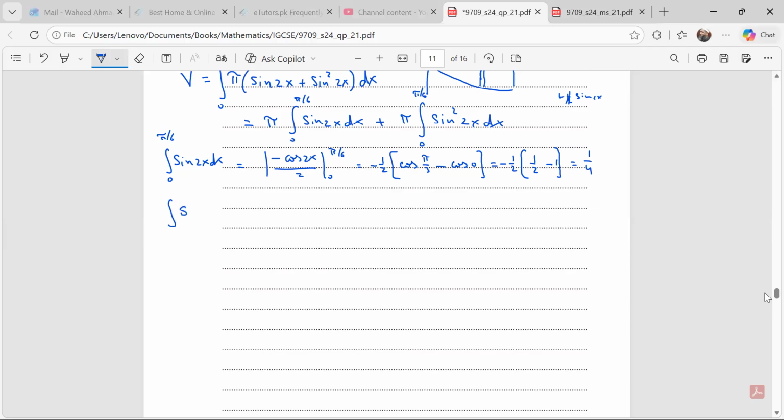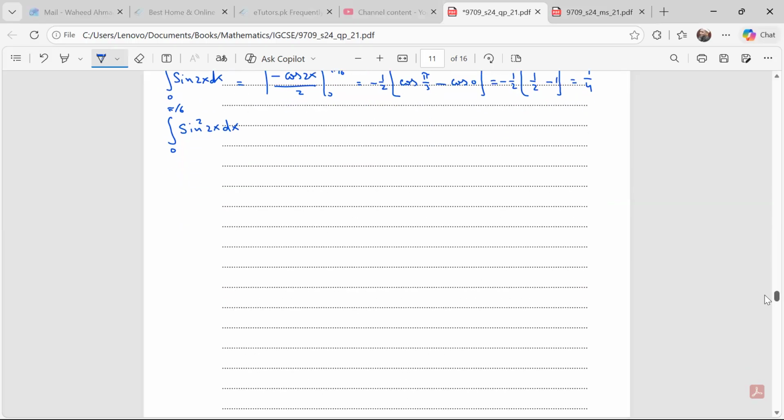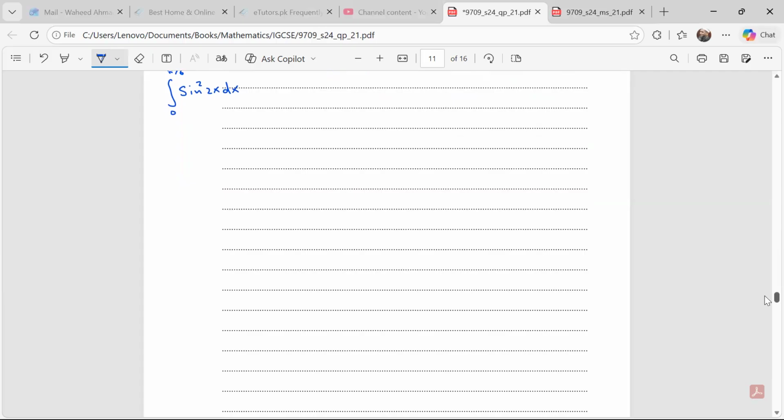Now the second one, sine squared 2x, from 0 to pi by 6. This is a bit challenging. How will we evaluate this integration? Remember, cos 2x is cos squared x minus sine squared x. If I replace cosine squared by 1 minus sine squared, it will become 1 minus 2 sine squared x. And if I replace sine squared by 1 minus cosine squared, it will become 2 cos squared x minus 1.